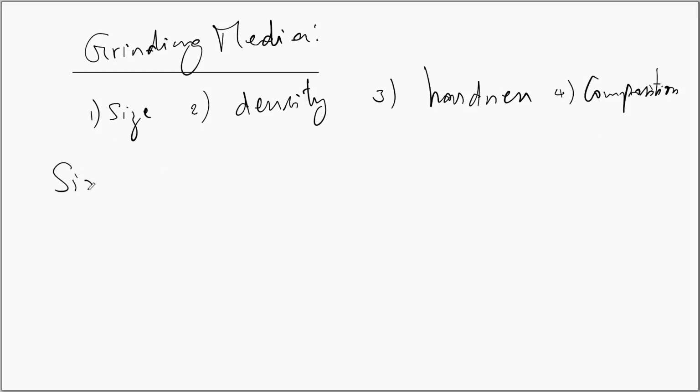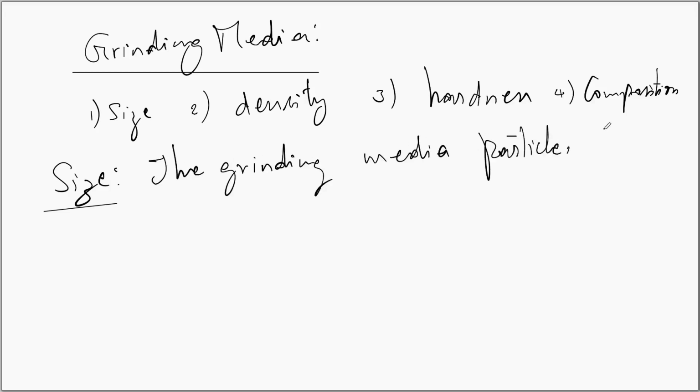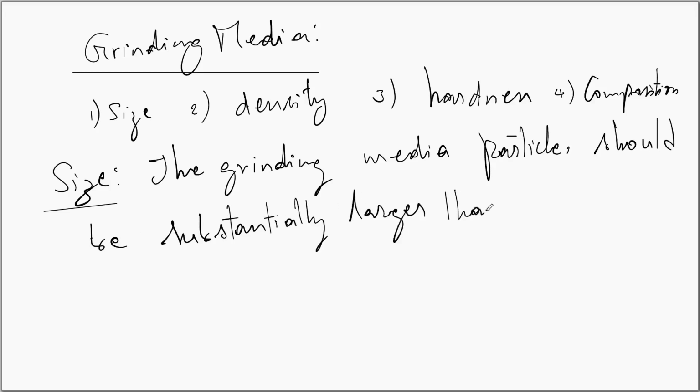Let us see how the size of grinding media is going to affect. The smaller the media particles, the smaller the size of the particles of the final product. However, grinding media particles should be substantially larger than the largest pieces of the material which is to be ground by the mill.